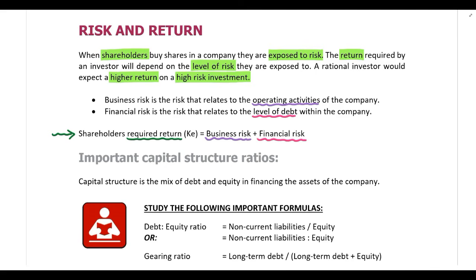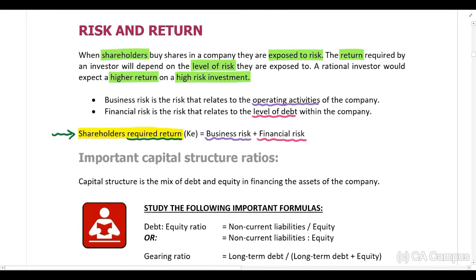On the other hand, if we are dealing with a company that is not very risky, so their business risk is very low, their day-to-day operating activities are not very risky, and if they don't have a lot of debt in their capital structure, they'll also be less risky, then shareholders will be prepared to accept a lower return on their investment. But it's important to note, when we are trying to determine the return that shareholders require on their investment, we need to take both business and financial risk into account.